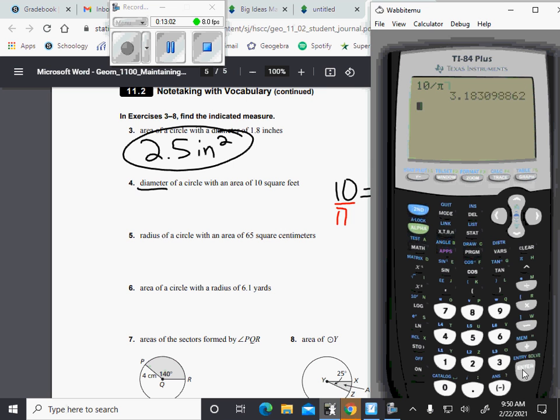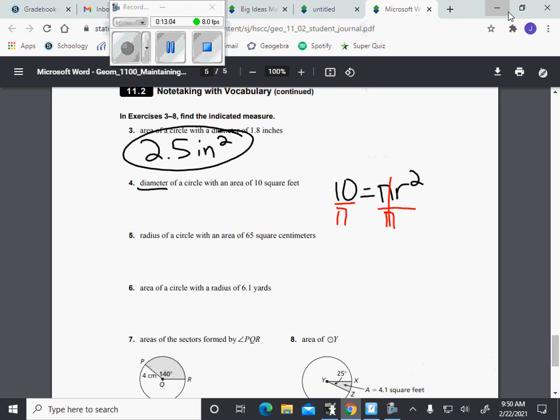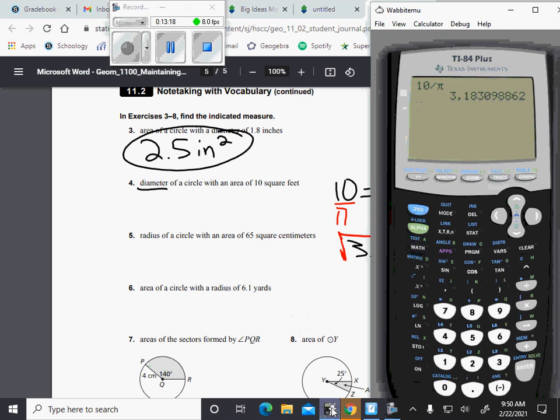3.2. Okay, so 3.2 is equal to r squared. How do we solve for r? We take the square root. So the square root of 3.2 is equal to 1.788.